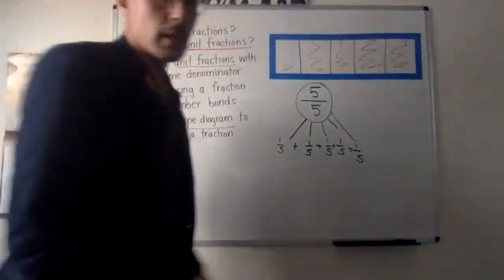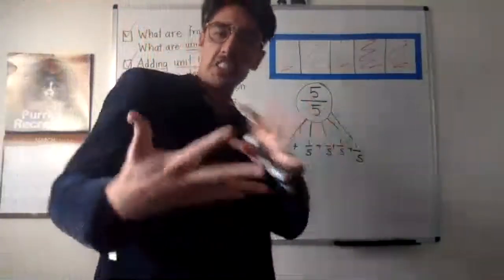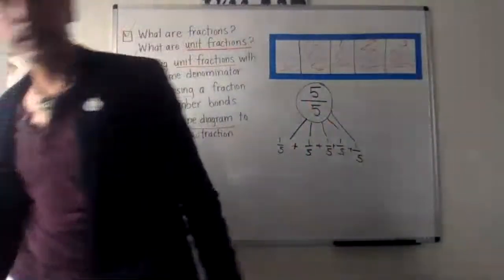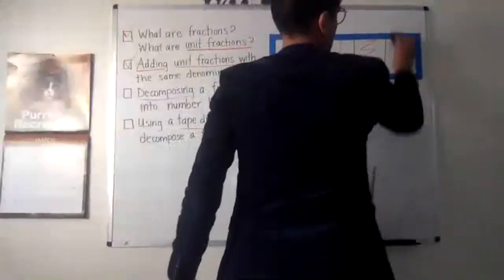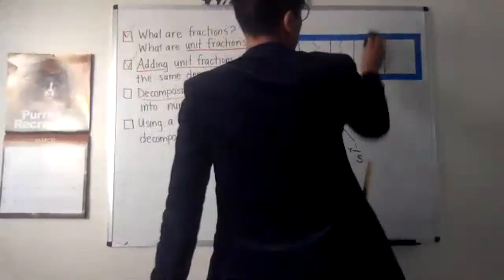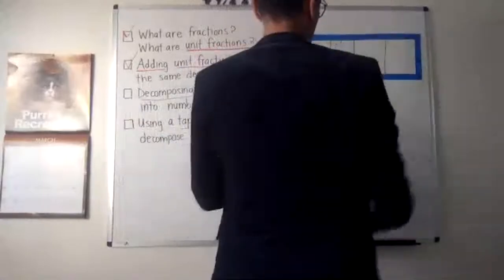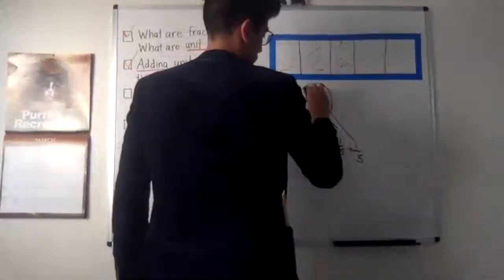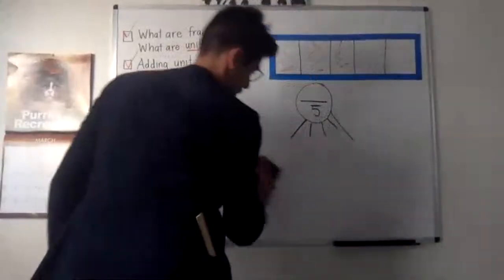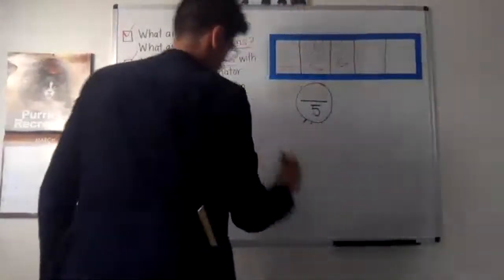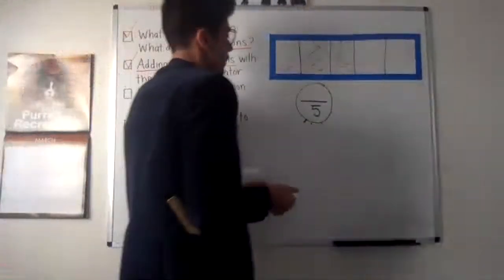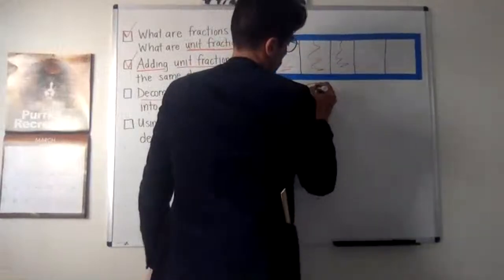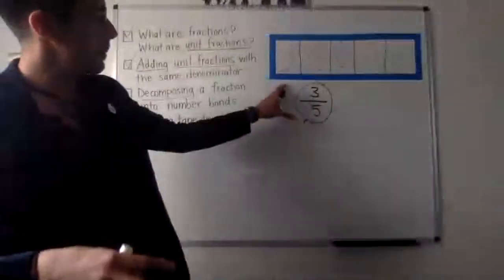Okay. Could we combine them to make different number bonds? Of course. Let's switch it up a little so you can see the different ways we can represent this. Now let's pretend that I only have 3/5. Now I have 3/5. Actually, I'll give you a moment. Think about it. 3/5.